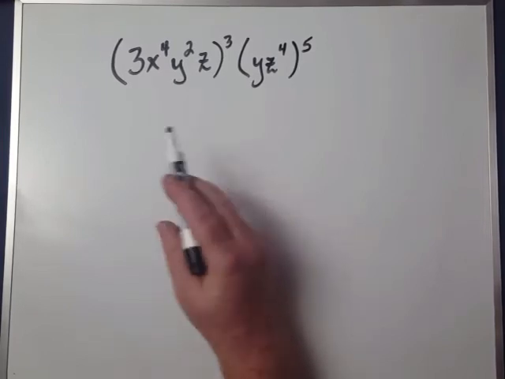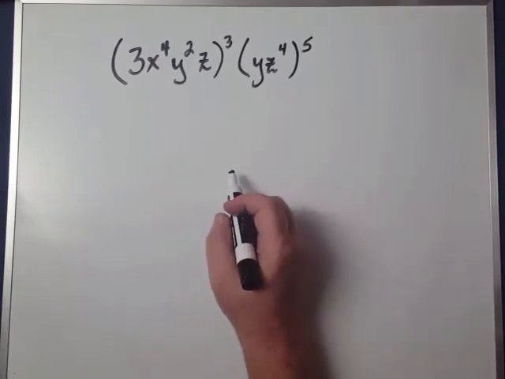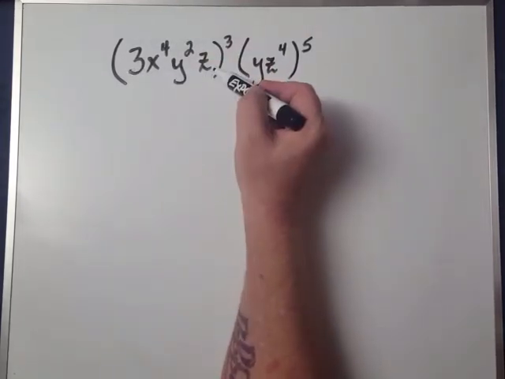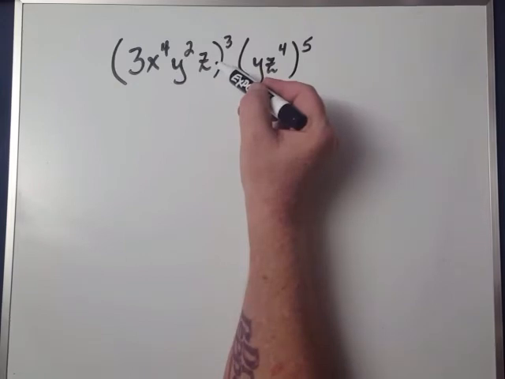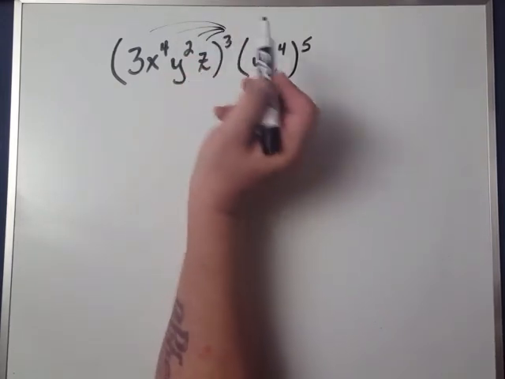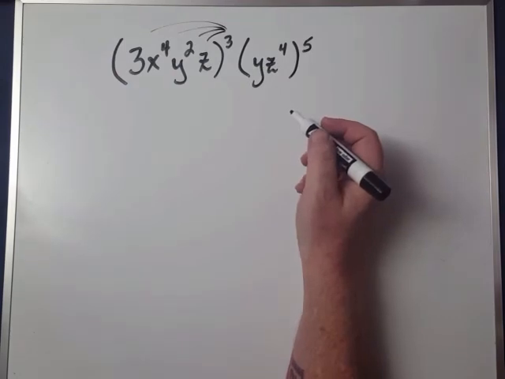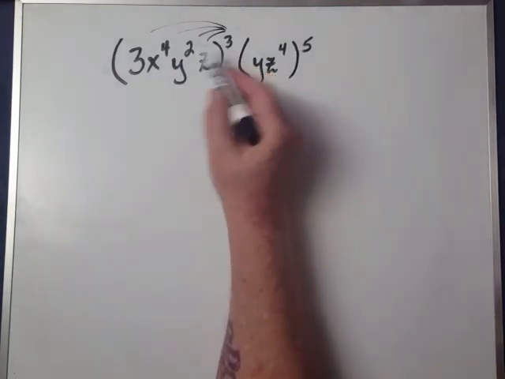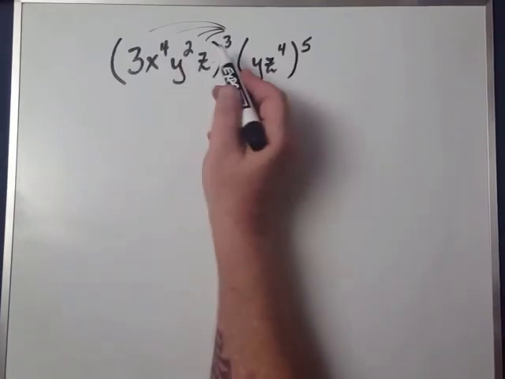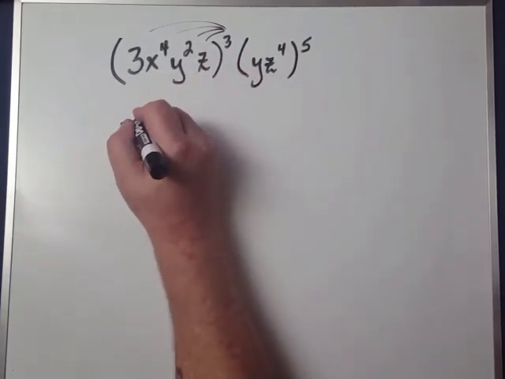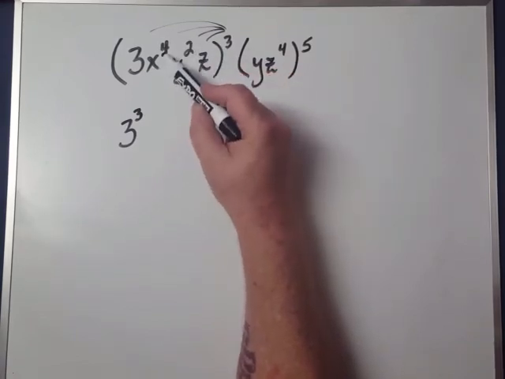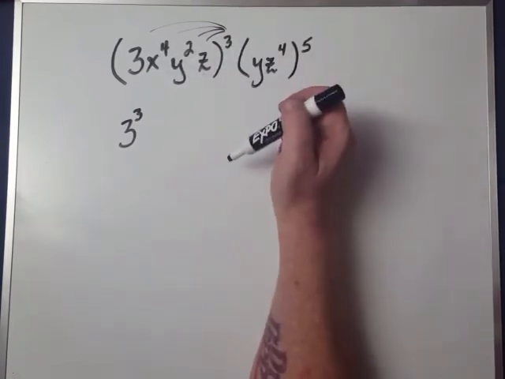First thing I need to do is drop the parentheses. I have a product to a power. My product has 4 factors, so I'll have 4 little rainbows to indicate that distribution. I'm going to distribute this power to every factor in that product. So we will have 3 to the 3rd power. Now stay with me here. X to the 4th to the 3rd.